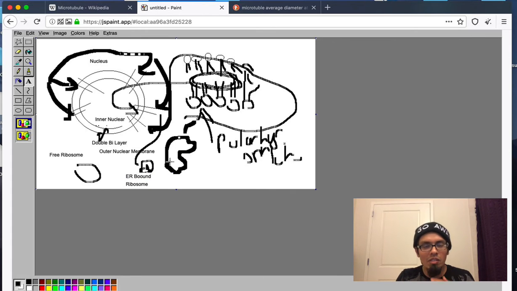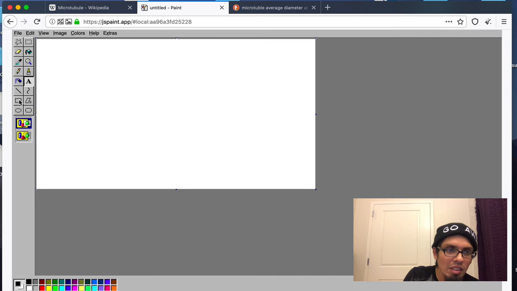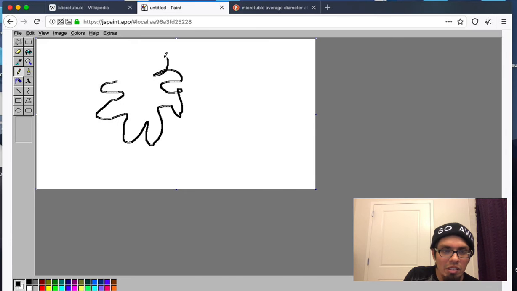So what's a bound ribosome? A bound ribosome is, as it's named, one that's attached to the rough endoplasmic reticulum. So what is the rough endoplasmic reticulum?